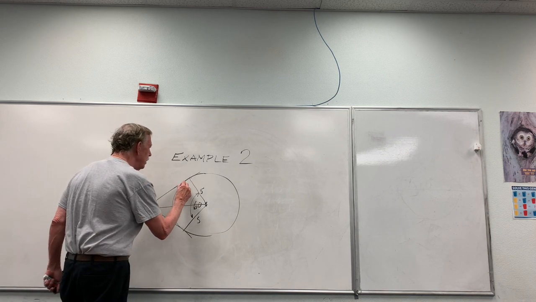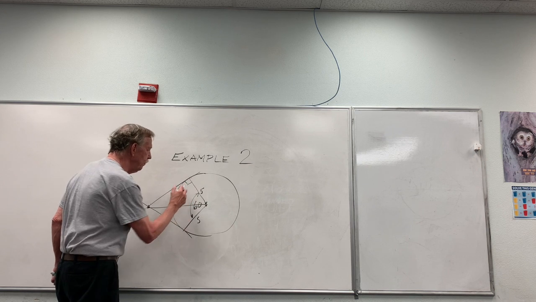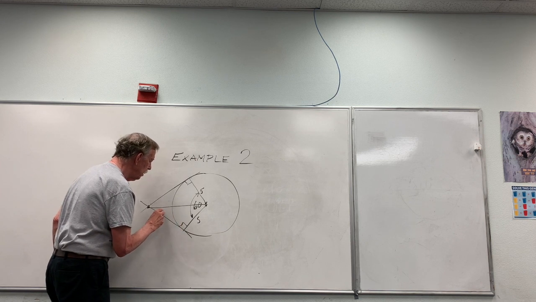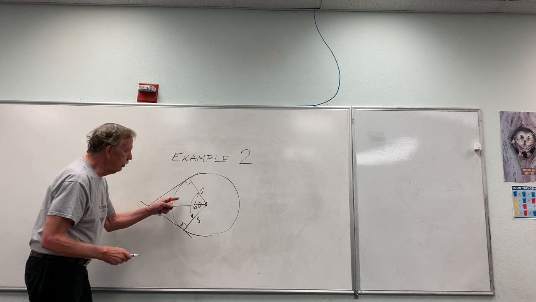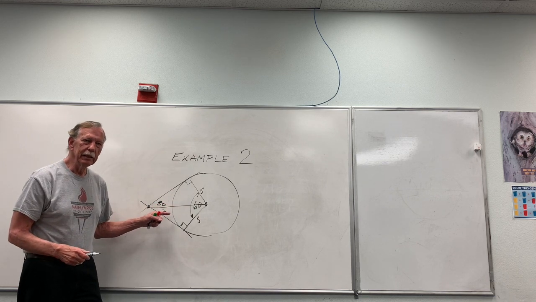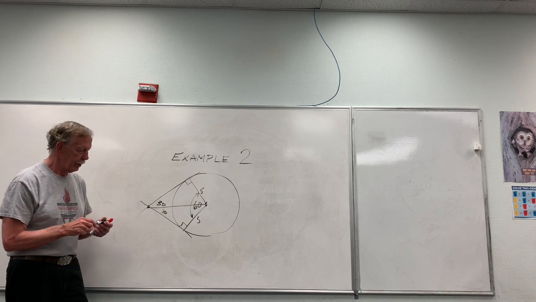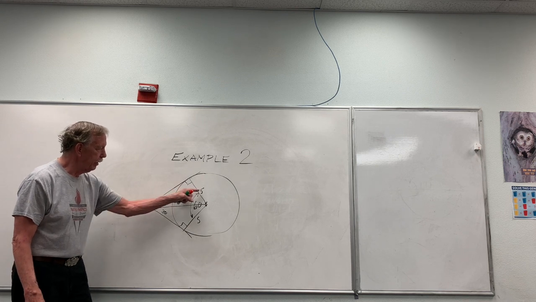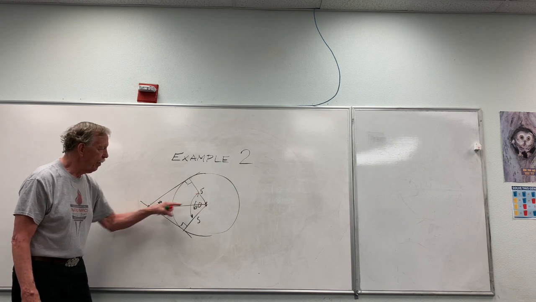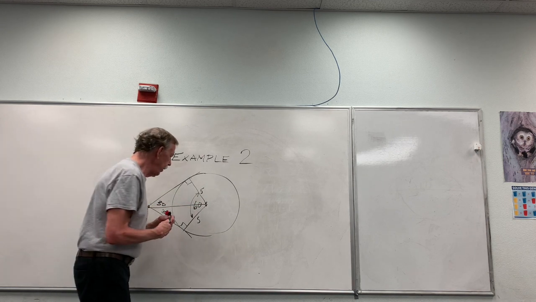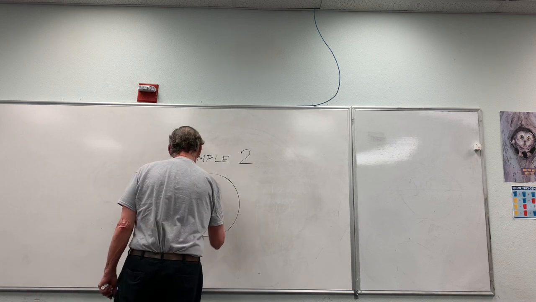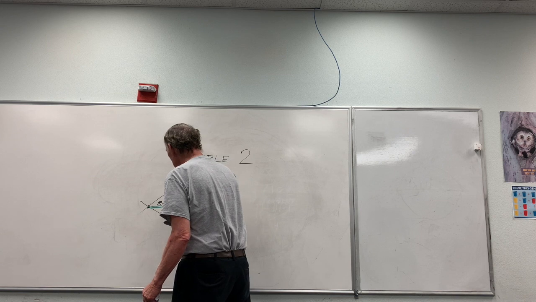That means, remember, a radius drawn to the point of tangency creates a right angle, and that gives us 2 30, 60, 90 triangles. Now you know that the side opposite the 30-degree angle is going to be half the hypotenuse. So right off the bat, you know that this piece is going to be twice as long as that piece. It's going to be 10.